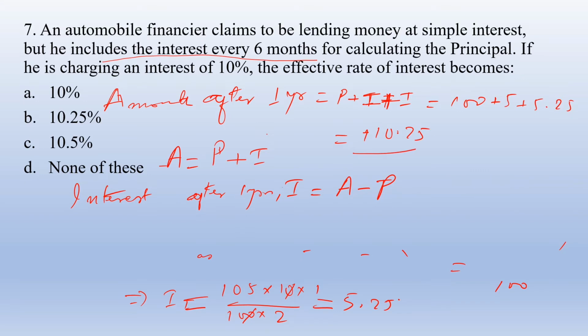So the amount after 1 year came to be 110.25, and the principal, which is the basic principal we consider, is 100. So interest after 1 year is equal to 10.25.